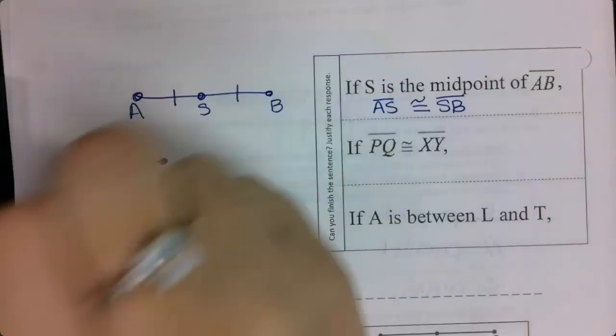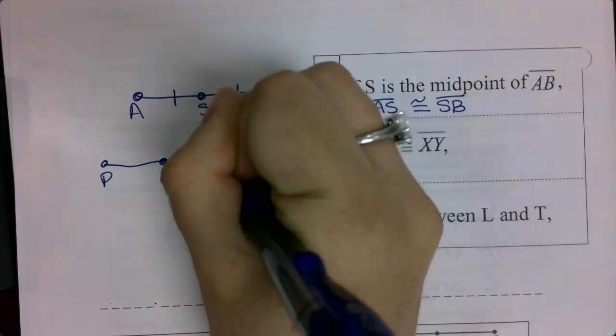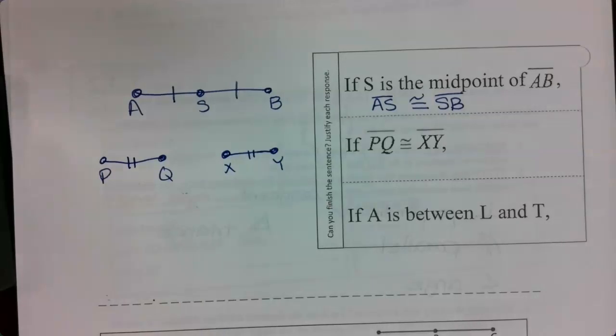And my next one says PQ is congruent to XY. So I'm going to use 2 tick marks to show that they're the same length, but different than the first picture that I drew. So there's 2 things I can write for this one.